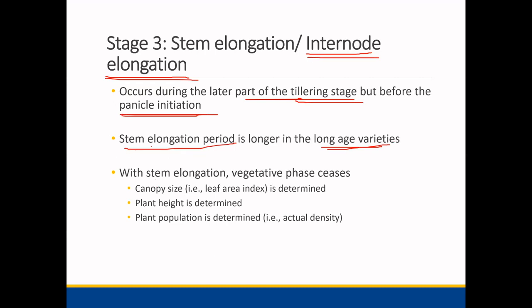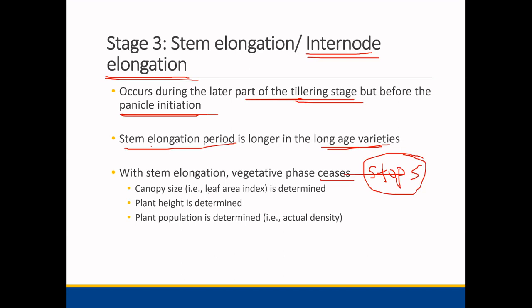And then with stem elongation, the vegetative phase ceases. Ceases means stops. With this stem elongation or internode elongation phase, the vegetative phase stops. So at the end of the vegetative phase, the canopy size is determined by the leaf area of all the leaves. We call it the canopy, in rice and other crops as well.